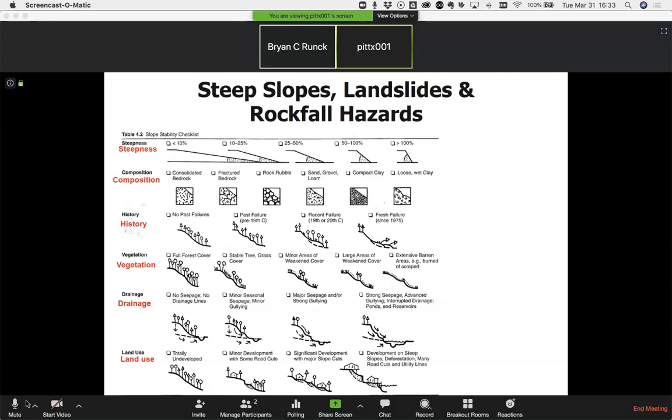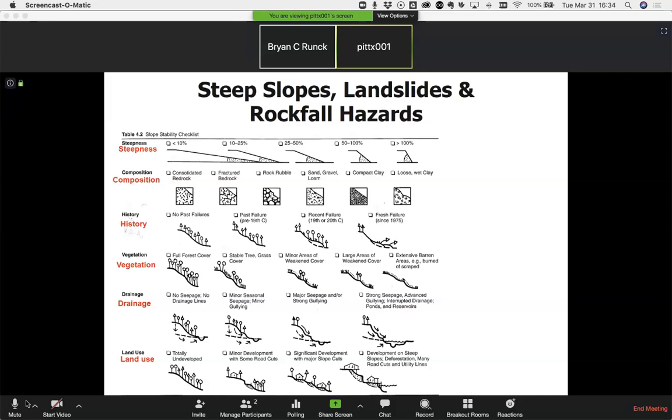We can begin to do some modeling, some identification of where we might find in the landscape these kinds of hazardous conditions. We might begin to prospect on the likelihood of steep slopes, landslides, and rockfall hazards based upon steepness of the slope. Obviously, the steeper the slope, the higher the probability of failure. Composition of the underlying bedrock, consolidated bedrock, has the lowest probability of failure.